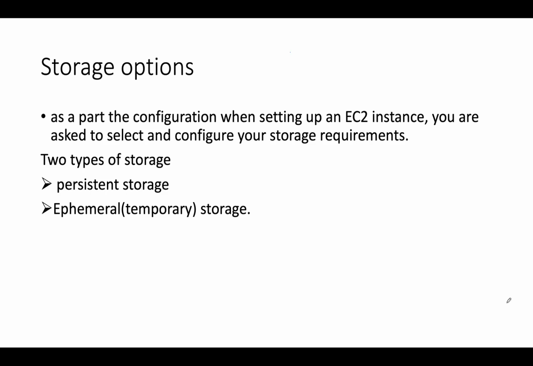EBS volumes are separate devices from the EC2 instance itself, and so they are not physically attached like ephemeral storage. EBS volumes are considered network attached storage devices, which are logically attached to EC2 instances via the AWS network. For example, it is like attaching an external hard disk to your home laptop or PC.